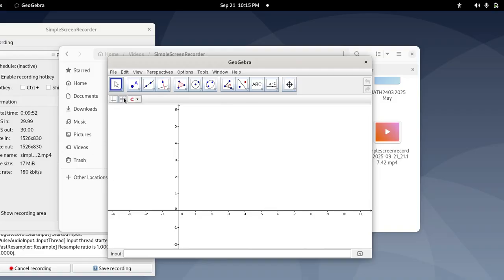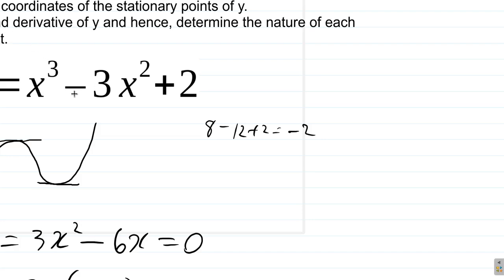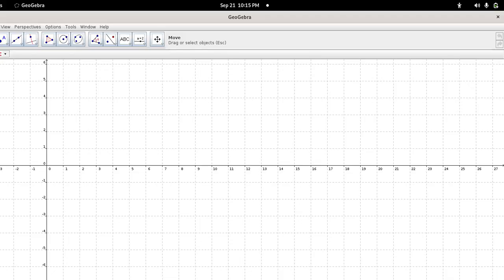Let me show the grid. Maximize this. So we have x raised to the power of 3 minus 3x raised to the power of 2. Let me just look back and confirm: x cubed minus 3x squared plus 2.